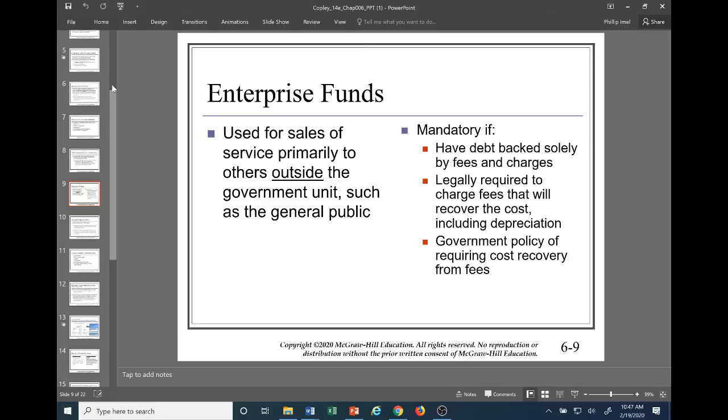If we're responsible for covering that liability from fees, we have to have the enterprise fund. See the likeness between the three mandatory situations. So if any of those three scenarios exist, you have to have the enterprise fund.